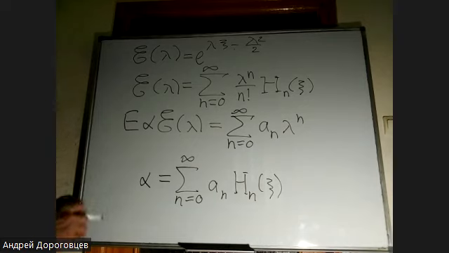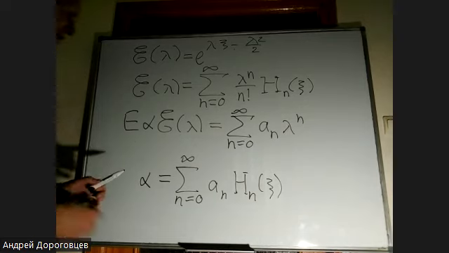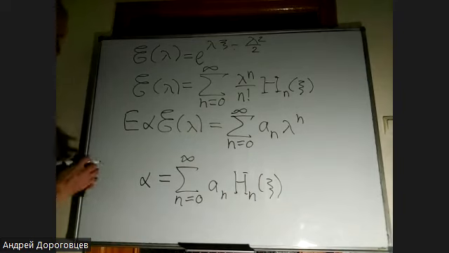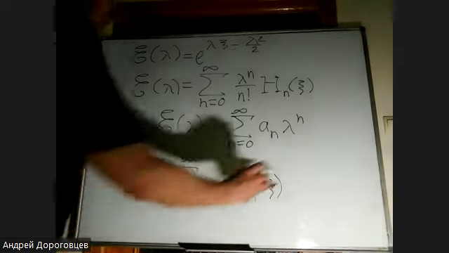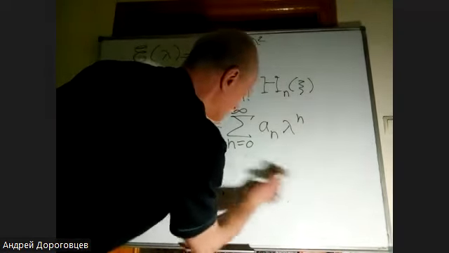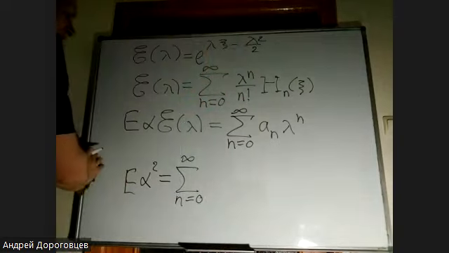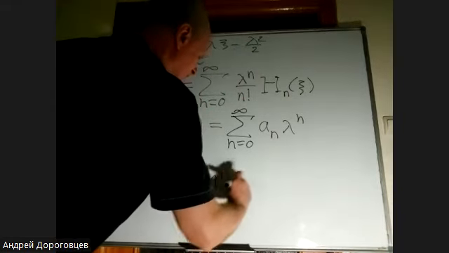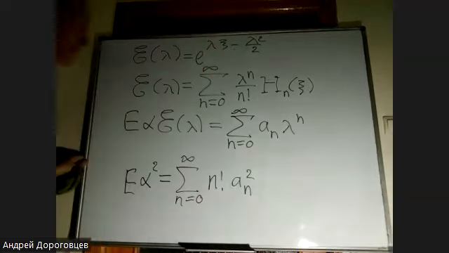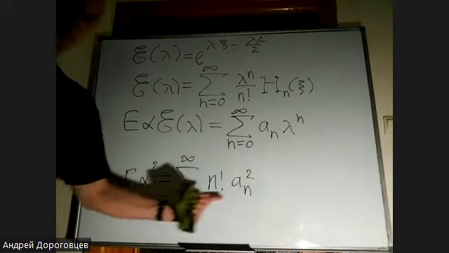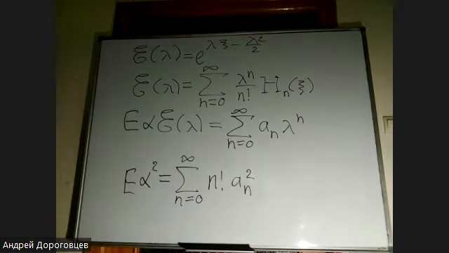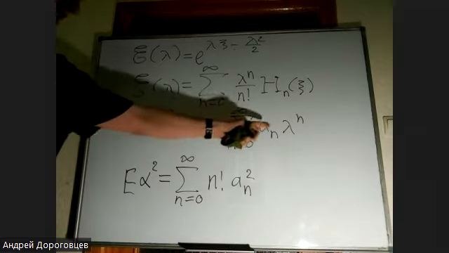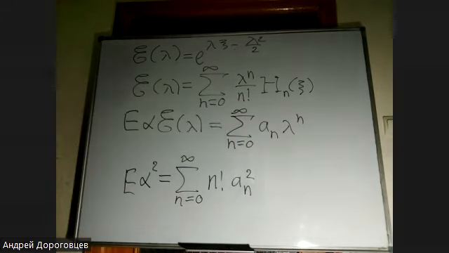And we mentioned last time that for this series we have that the expectation of alpha square is equal to the sum of n factorial a n squared. Since this sum is finite, it is easy to see that this function is analytic in all the complex plane; lambda can be chosen complex also.